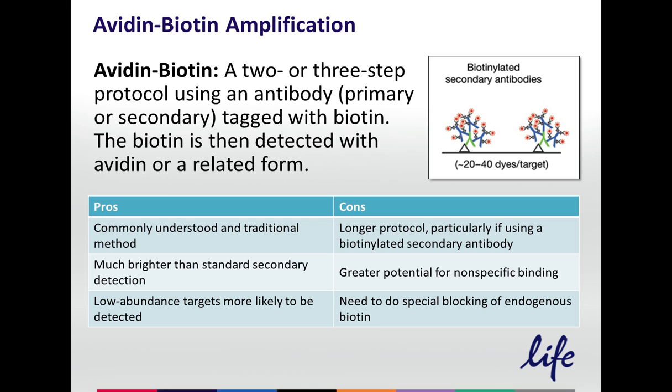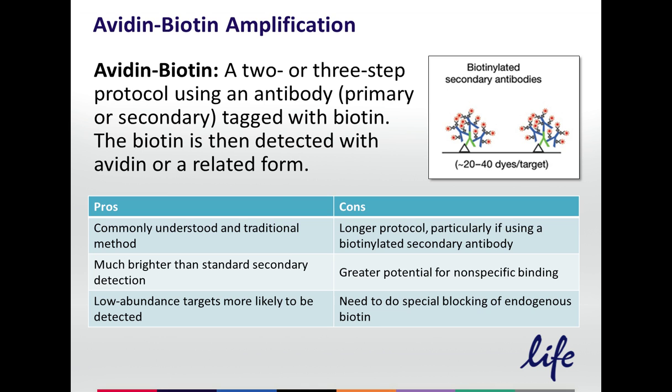This is a 2- or 3-step protocol where either your primary antibody or your secondary antibody is labeled with biotin, which is a hapten. Then you come in with a streptavidin or an avidin that is dye-labeled, and that detects the biotin that's on it.